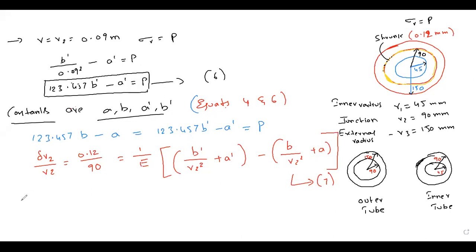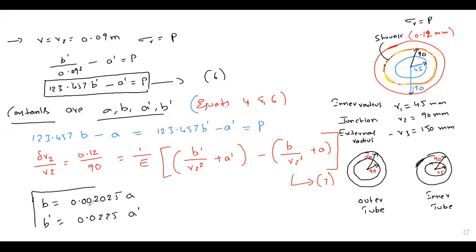So from the equations we can get B is equal to 0.002025 of A, and B dash is equal to 0.0225 of A dash. Why? Because at the junction both have the same pressure.